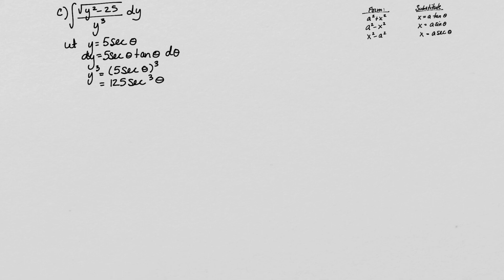Let's say you had y squared minus 3, right? And you might say, oh, well, it's not a perfect square, so I don't have x squared minus a squared.